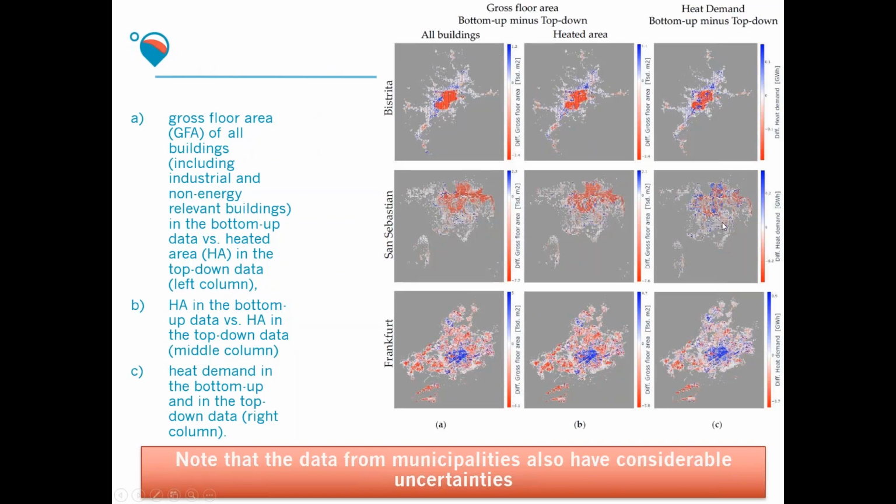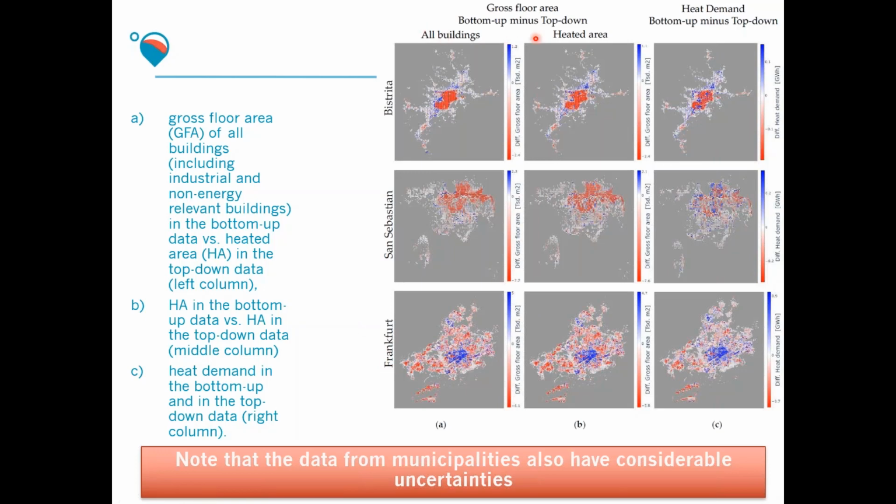The differences can be seen in more detail in this graphic. What we did here was, first of all, to scale the heat demand of each single pixel or dot in these maps to the total demand of the area. So we have all three case studies, Bistrita, San Sebastian, and Frankfurt.